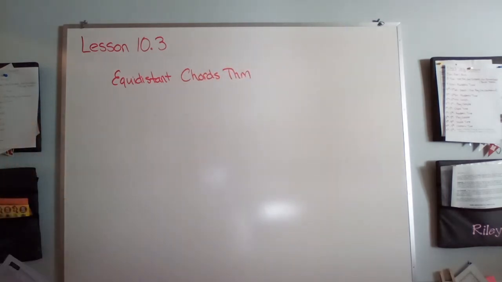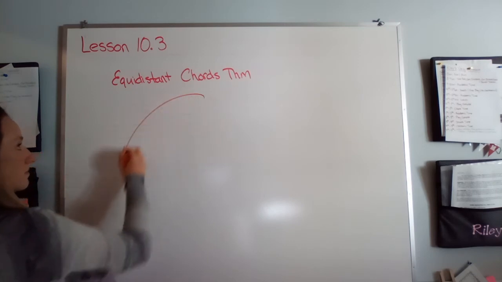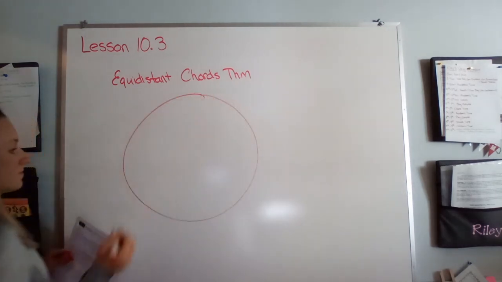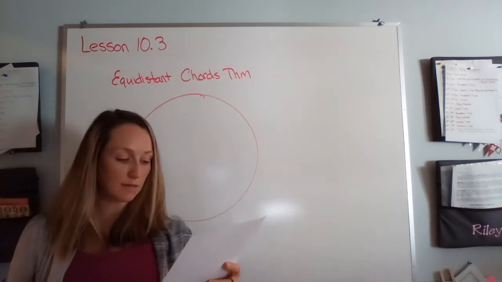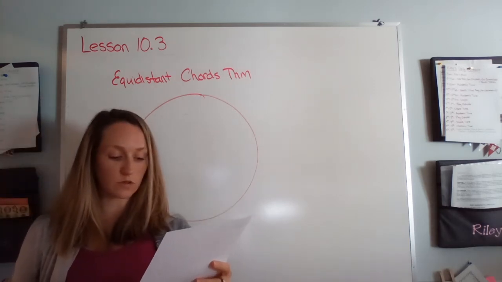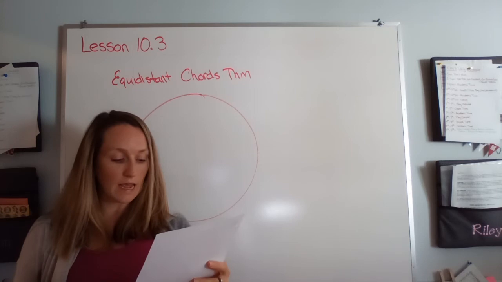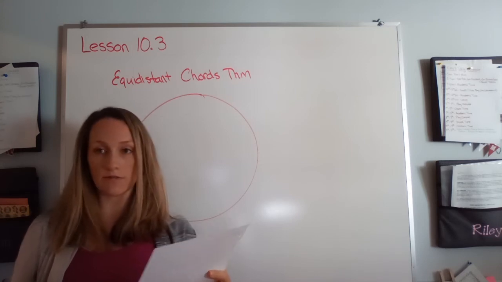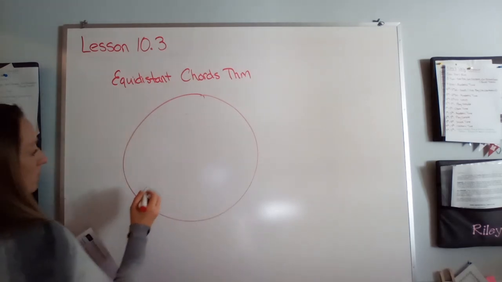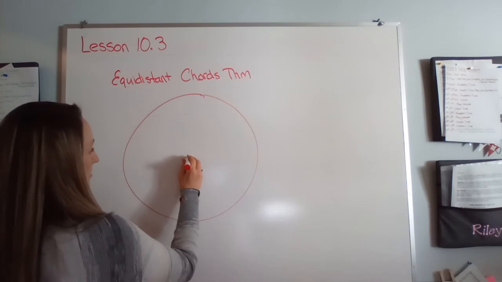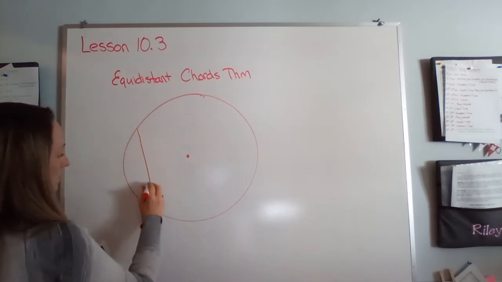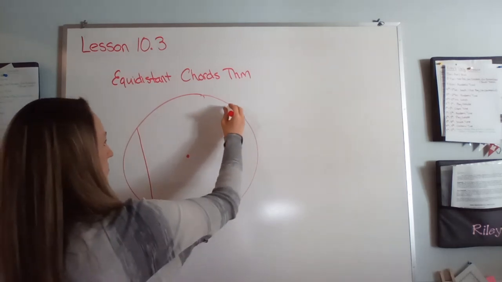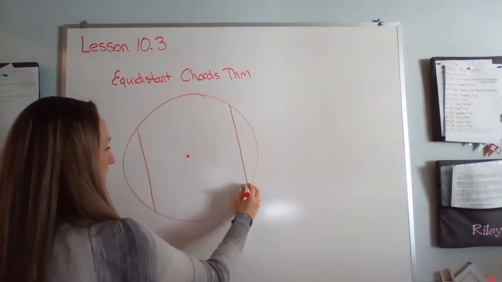We're going to start with the circle. It says in the same circle or in congruent circles, two chords are congruent if and only if they're equidistant from the center. Let's have my center here, and let's have a chord here and a chord there.